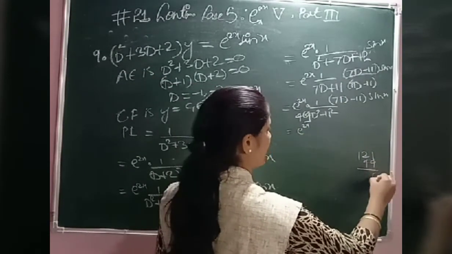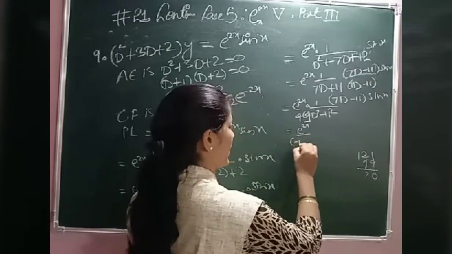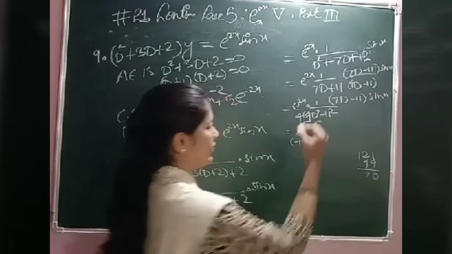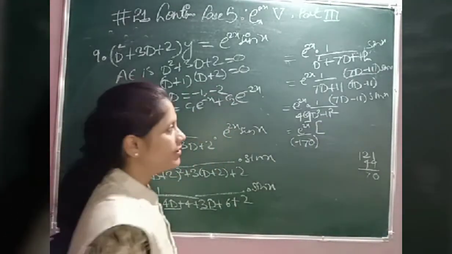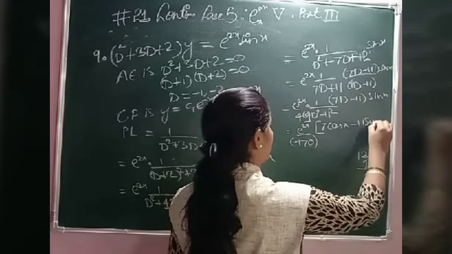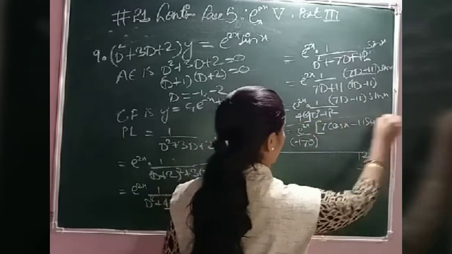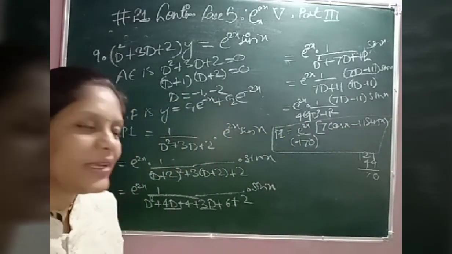So what does this give? Minus 49 minus 121 is minus 170. Now differentiation of sin x gives cos x: (7 cos x minus 11 sin x). So this is our PI.